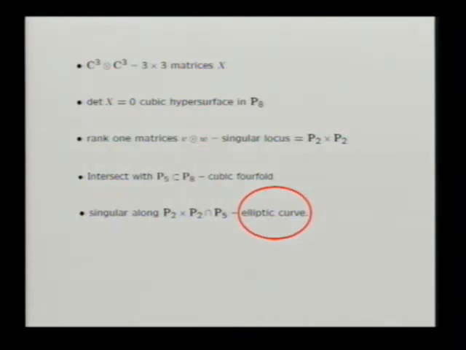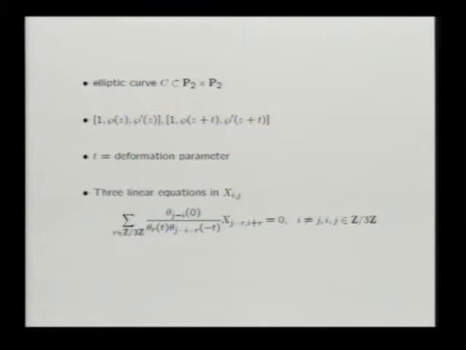So you can think of it as a cubic together with a translation. Or put another way, if you normalize it in a suitable way, you can think of it like this, taking the standard embedding of a cubic in P2 by the Weierstrass P function, and then the translation like this. So this is, if you like, a model for the elliptic curve in P2 cross P2. And then this T is going to be the deformation parameter.